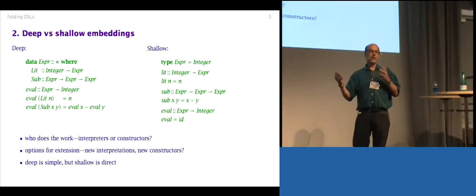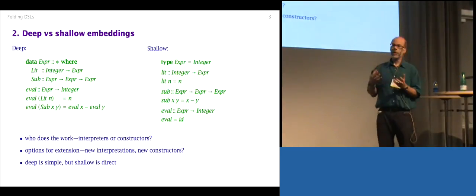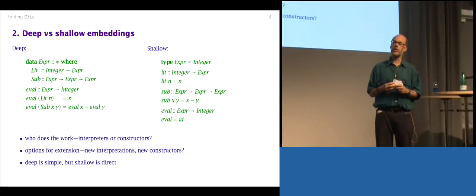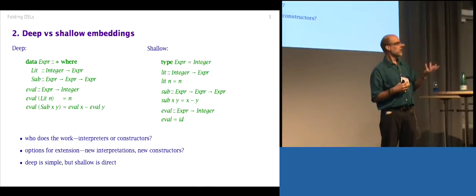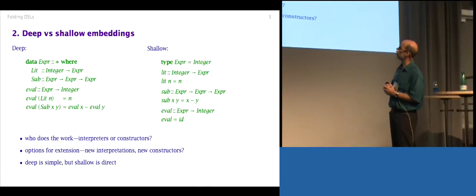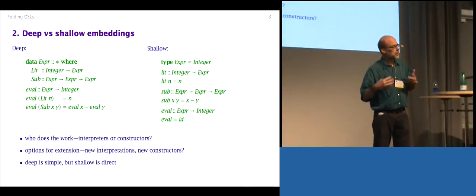And there are dualities between these two. There's a duality about where the work is done, whether it's done in constructing the expressions or interpreting the expressions. You'll see for shallow embedding, the interpretation is trivial. That's gone because there is no final step. There are dualities in extensibility.